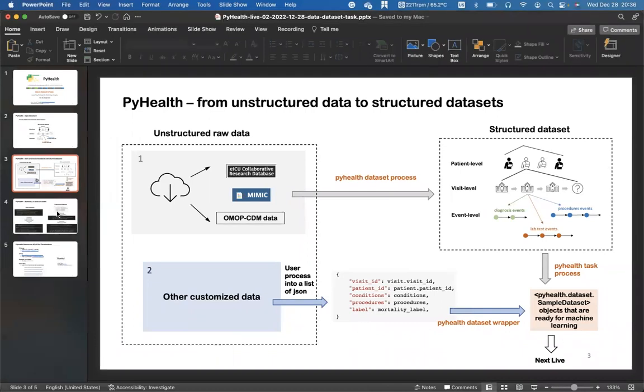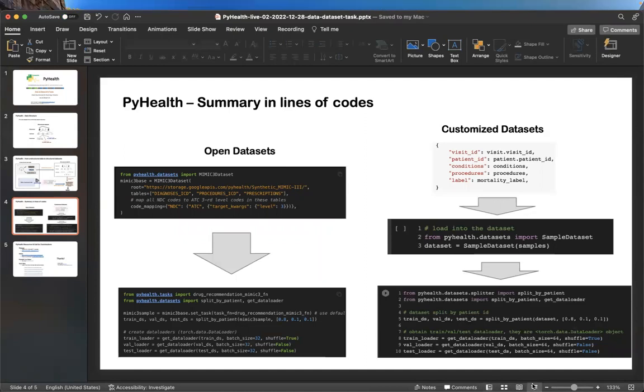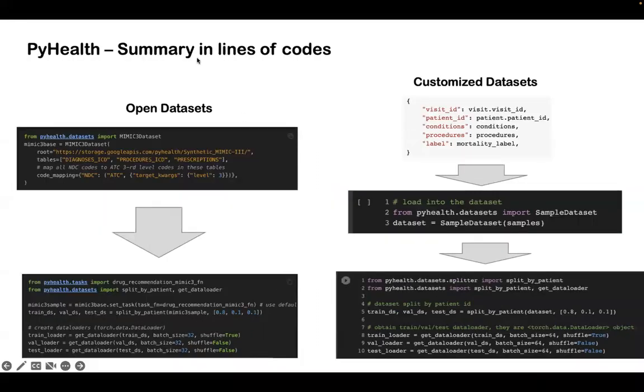Okay, I will summarize what we have learned today. In front of you, there are probably two different types of dataset you want to use. The first type is open electronic health record datasets or other types of datasets, and we already provide the API processing code for you.